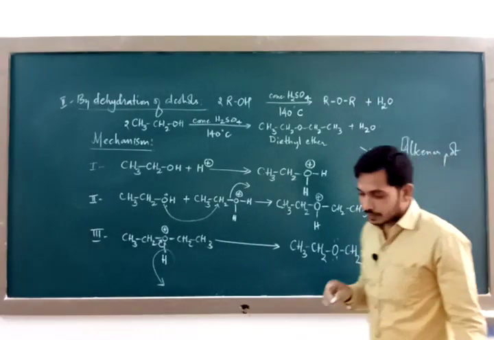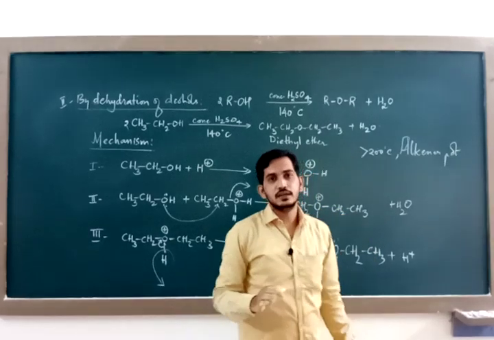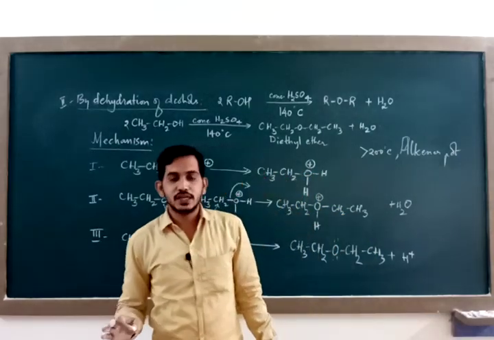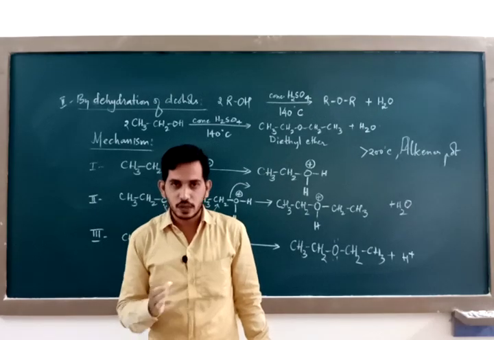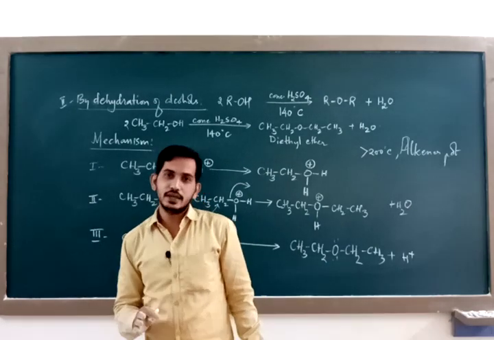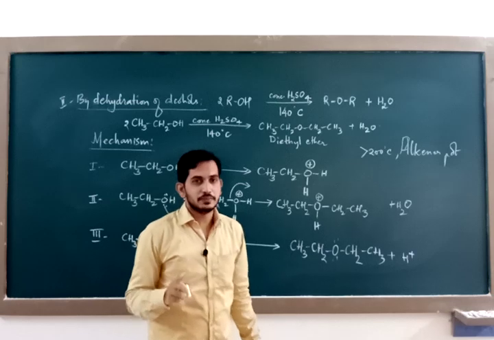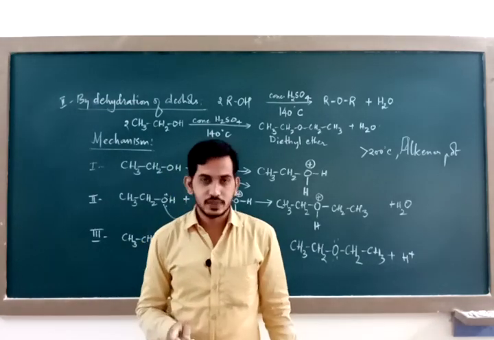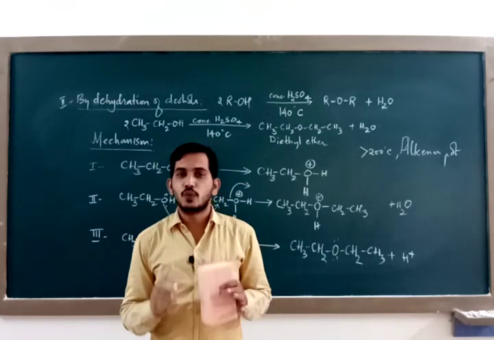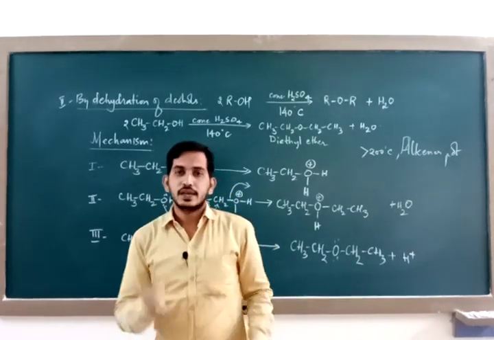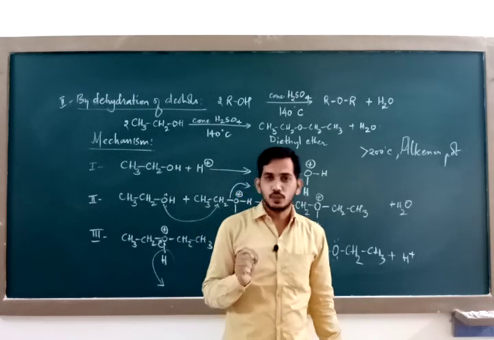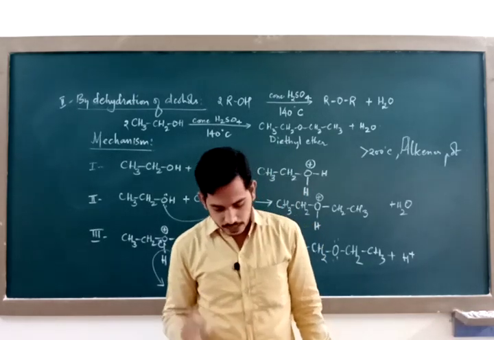So if you want the product to be an ether, then maintain the temperature at 140 degrees Celsius. If the same reaction is done at 200 degrees Celsius, then you will end up with alkenes. This is one note to be remembered in the second method.